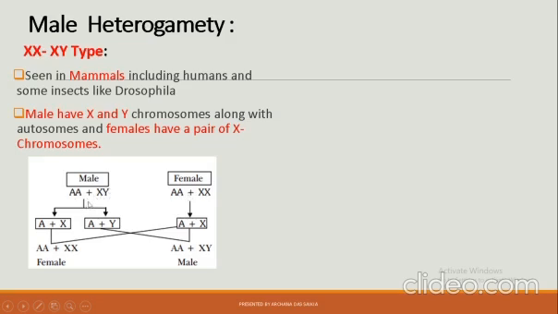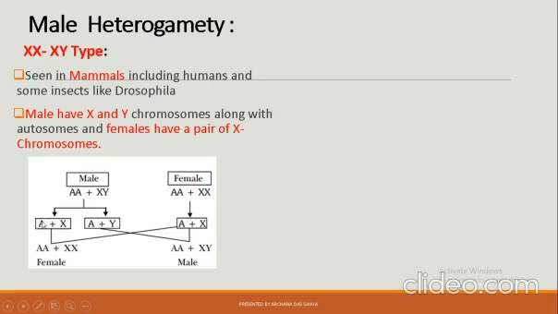So during gamete formation, what will happen? The autosomes will divide together; the germ cells will undergo meiosis, and the new daughter cells, the gametes, will have half the number of total chromosomes.